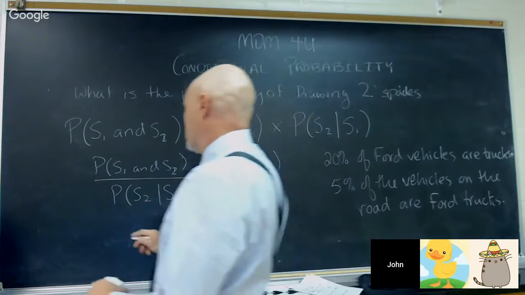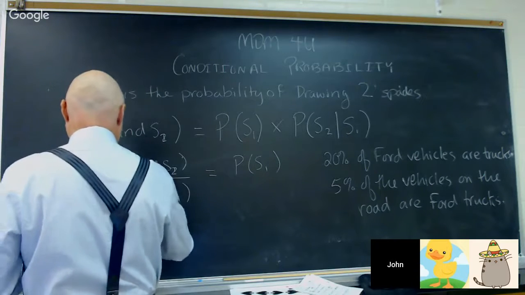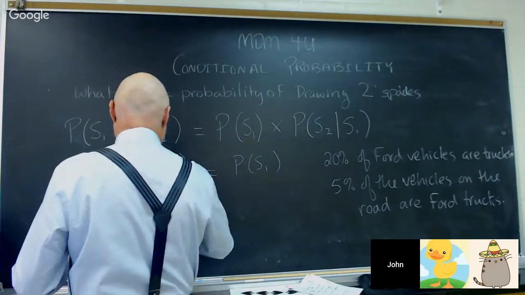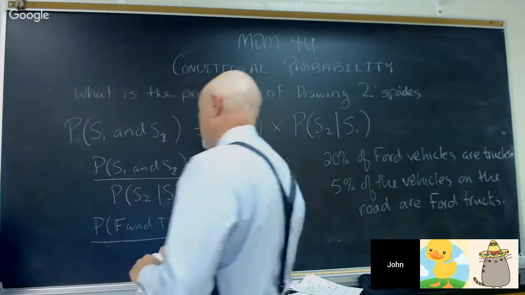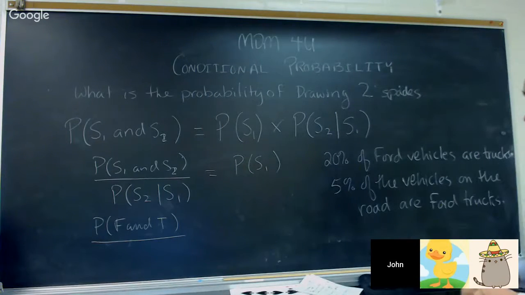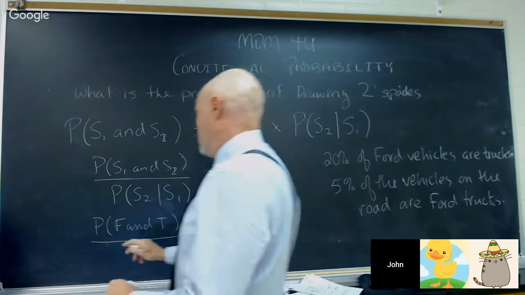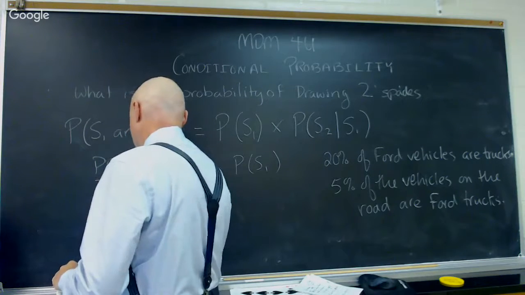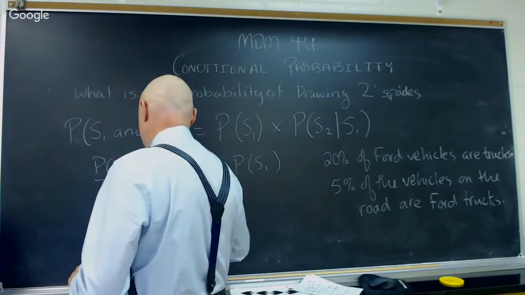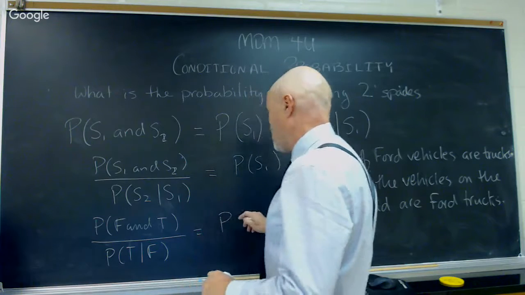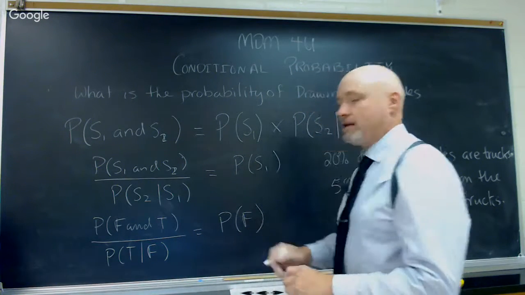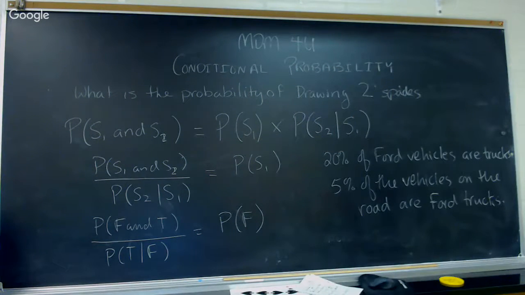Okay. So the probability that it's a Ford and it's a truck divided by the probability that it's a truck given that it's a Ford is actually going to tell me the probability that any vehicle on the road is a Ford. Okay.